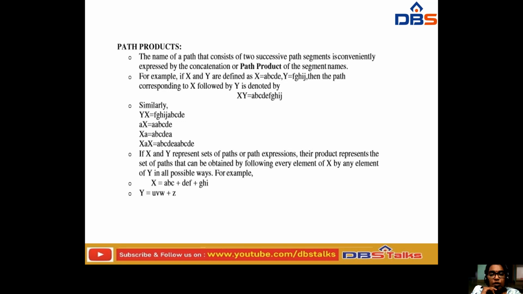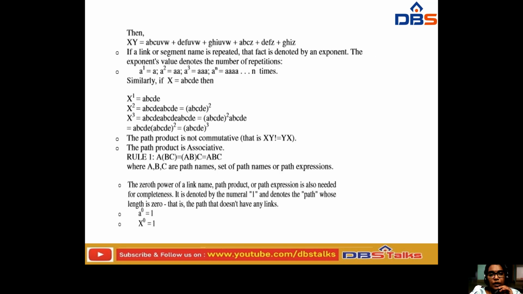For example, x is equal to abc plus def plus ghi, and y is equal to uvw plus z. Then xy is equal to abcuvw plus defuvw plus ghiuvw and abcz plus defz plus ghiz. By that we can get the conclusion like this.